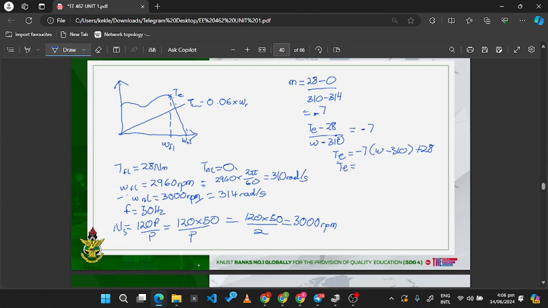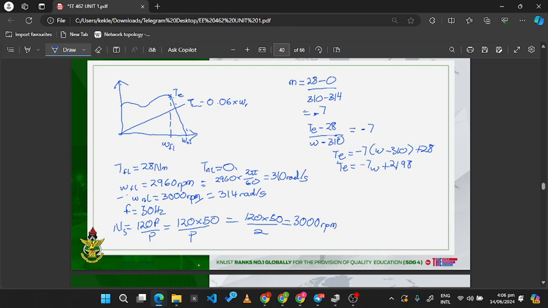And our TE will be given as -7 omega plus 2198. Okay.